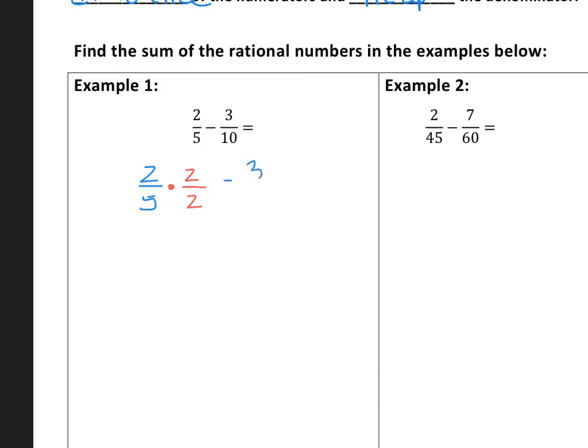And I've got my 3/10 already ready to go. And so on the left I have 4/10 minus 3/10. That's 4 minus 3 over 10, and that is equivalent to 1/10.